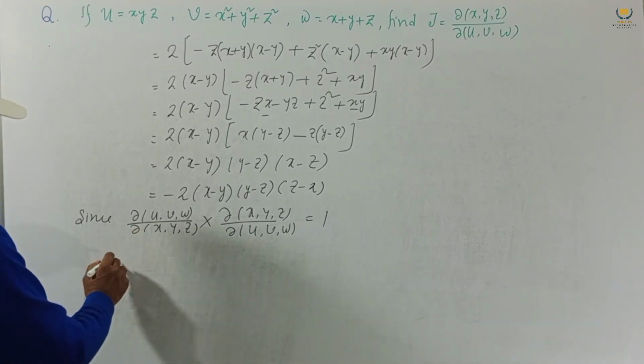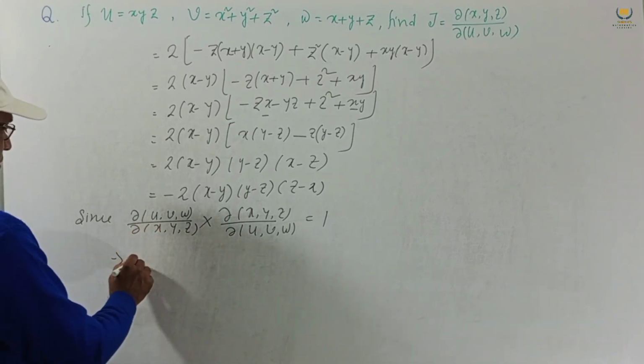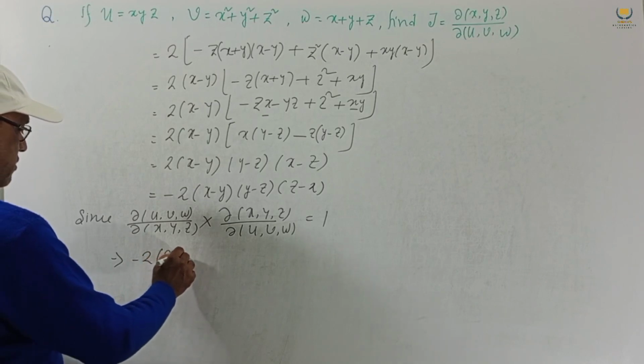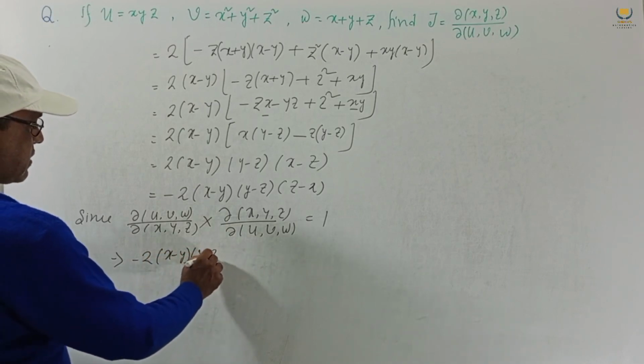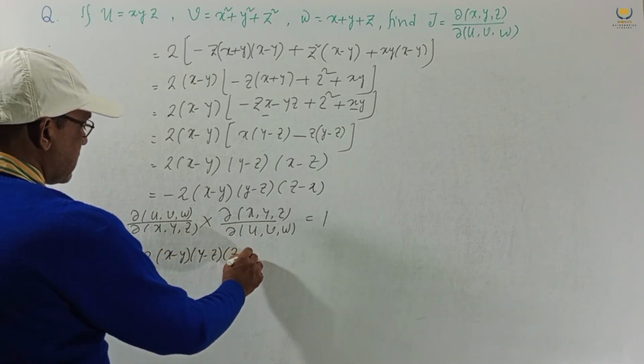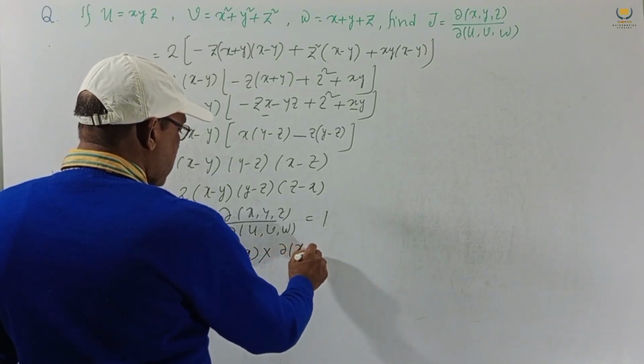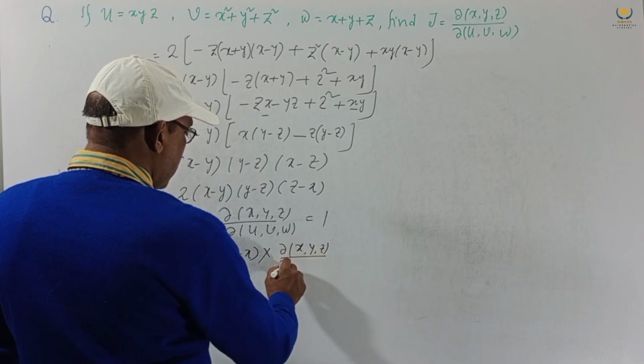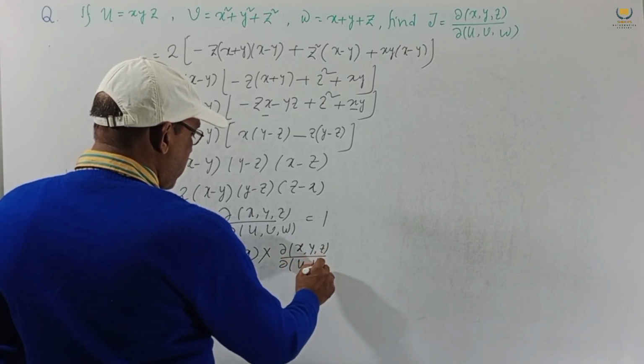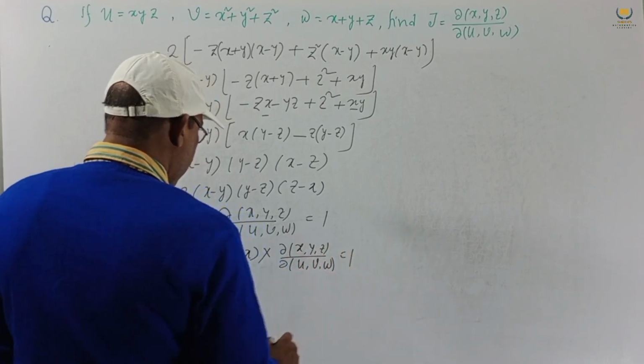But we know this value, just we get minus 2 x minus y, y minus z, z minus x into del x, y, z by del u, v, w equal to 1.